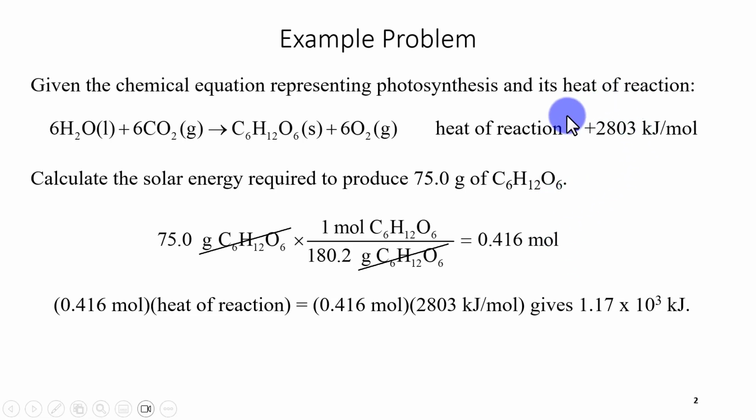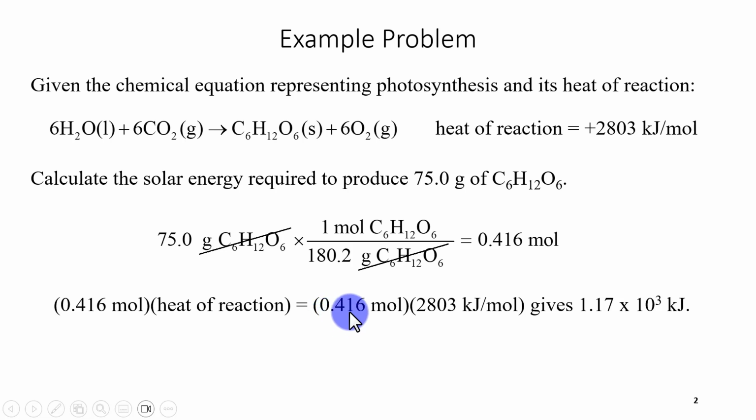Now, since the heat of the reaction is 2803 kilojoules for every mole, to figure out how much energy I need, I will have to account for 0.416 moles, right? So I have 0.416 moles times the heat of the reaction, which is given to me here.